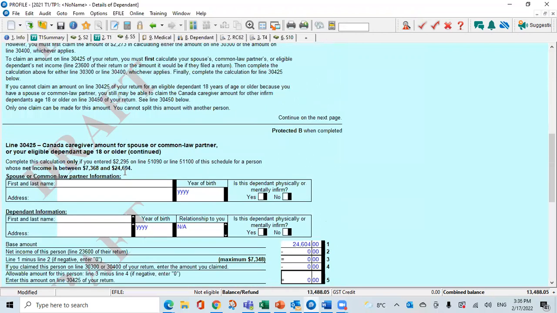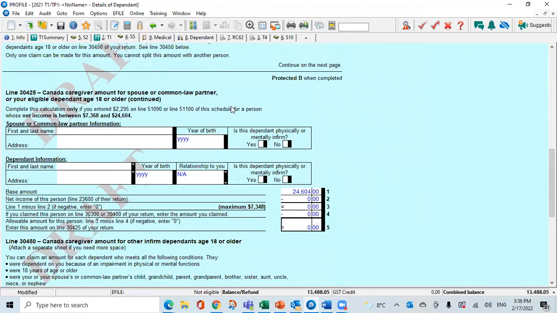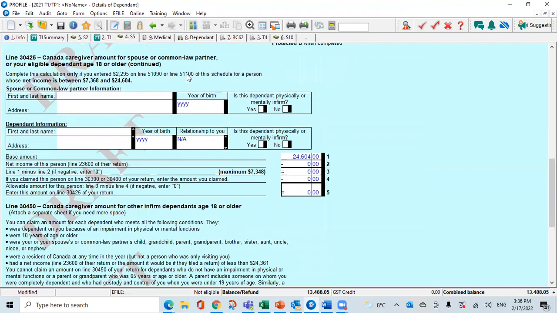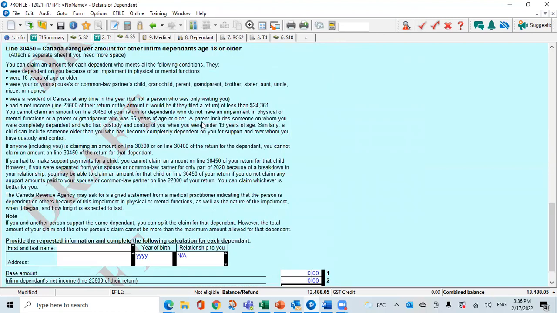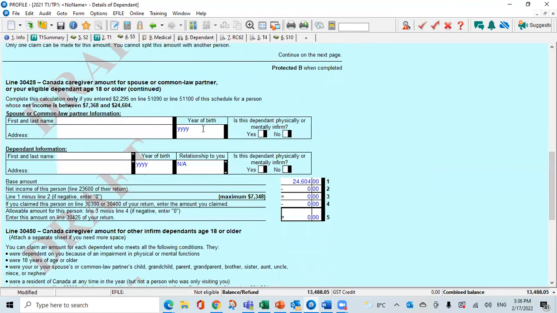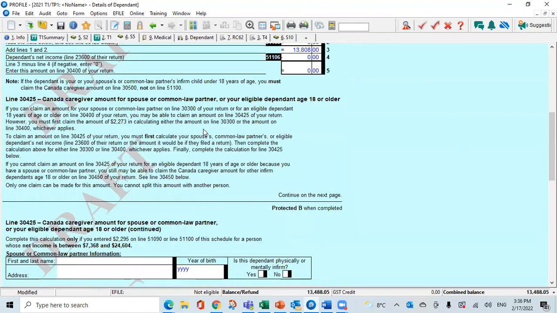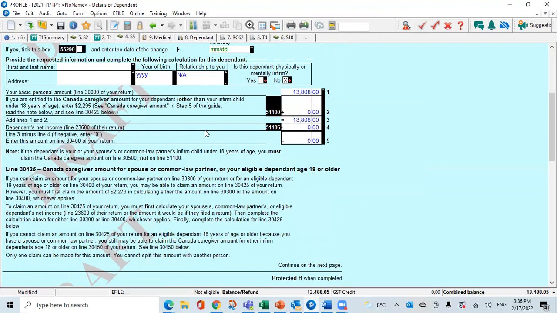It's different. Or whether the kid has an infirmity or is very healthy. Not healthy, because if healthy you cannot claim the caregiver amount. So whether under 18 or over 18, and then that's it. So that is everything you need to consider when you do a spouse or dependent credit amount calculation.